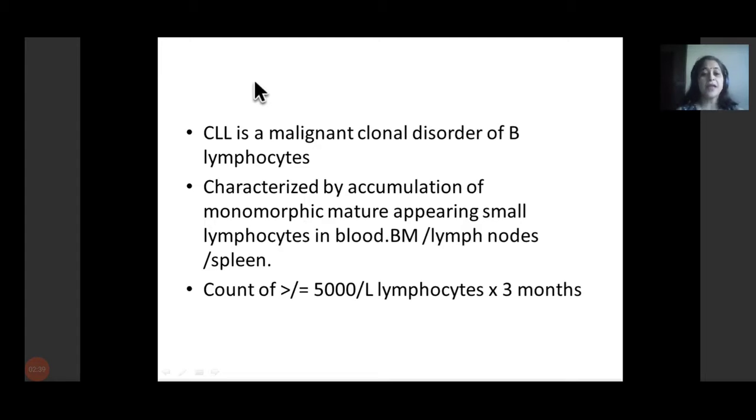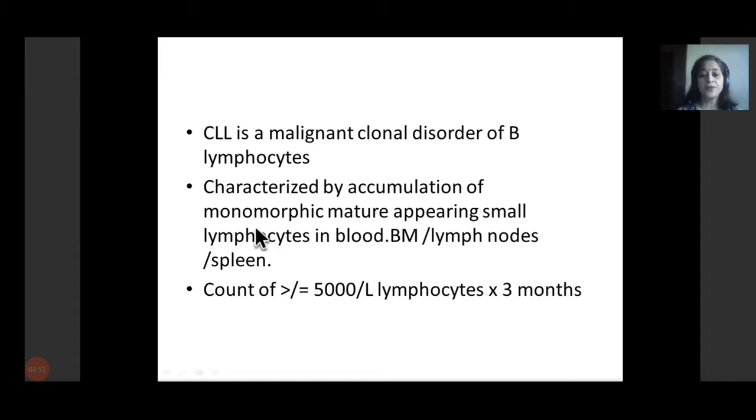The diagnostic criterion for CLL is an absolute lymphocyte count equal to or more than 5,000 cells per microliter, persisting for more than 3 months without any etiology which can be ascribed to it, that is, lack of infection or any other antigenic stimulation which can lead to it, and the usual therapy to relieve infections and antigenic stimulation does not relieve this situation.